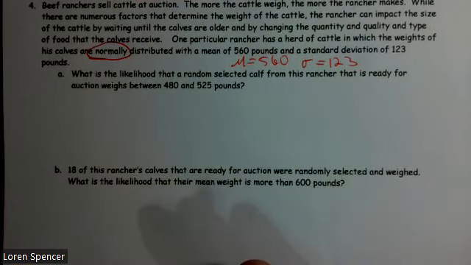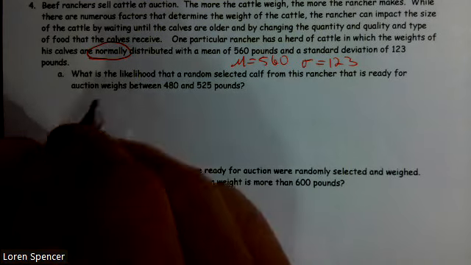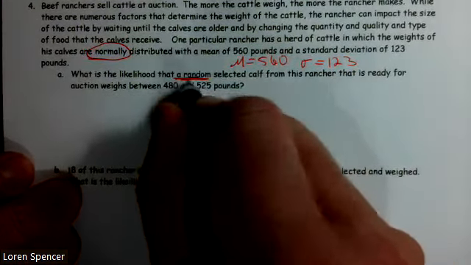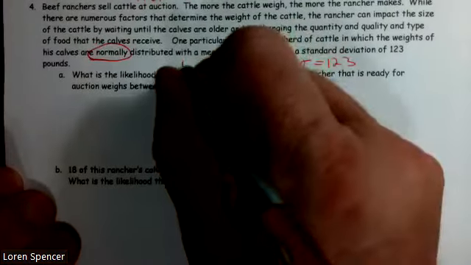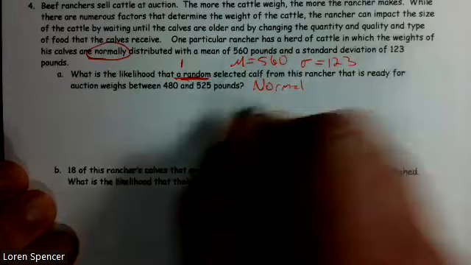What is the likelihood that a randomly selected calf from this rancher that is ready for auction weighs between 480 and 525? So a randomly selected calf. So that means we're talking about one. So this means we're working with the normal.